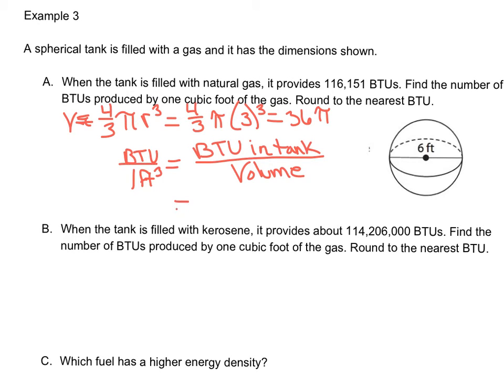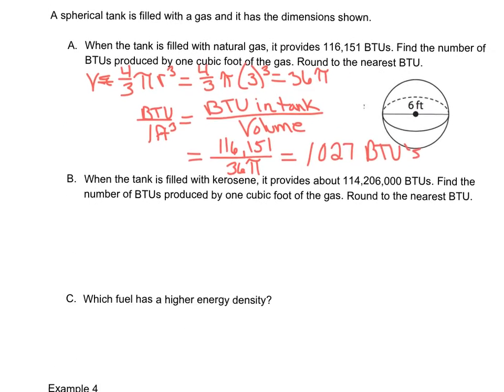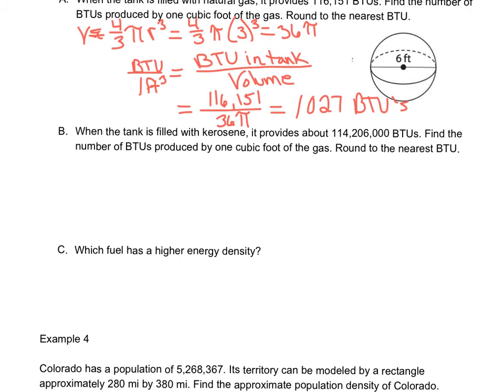The BTUs in the tank is 116,151, and the volume is 36 pi. You could put that in a number. I just didn't have a calculator handy, so that's why I left it as pi. And then when you divide that, you get about 1,027 BTUs.